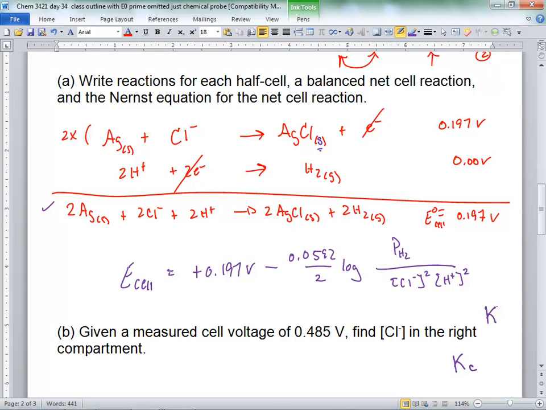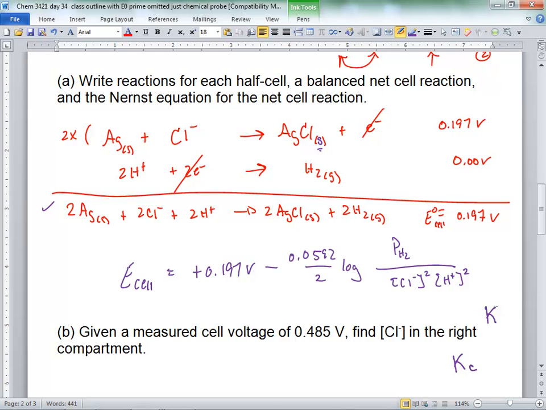Then P was in units of bar, pressure. So Nernst should be using the thermodynamic equilibrium constant all the time, but the book and homework really aren't consistent with it. They should also be using activities all the time. Then you wouldn't really even care, because your activity coefficient, its units have to match whatever you're working with, so they cancel and you don't really care whether you're in bars or molarity.